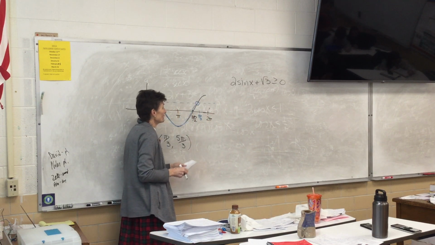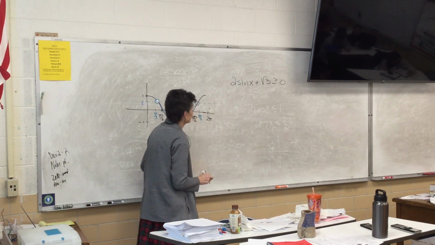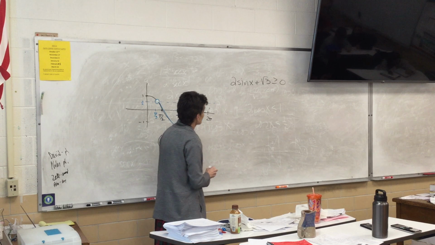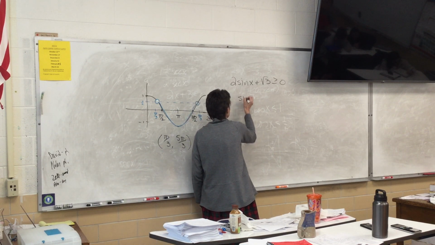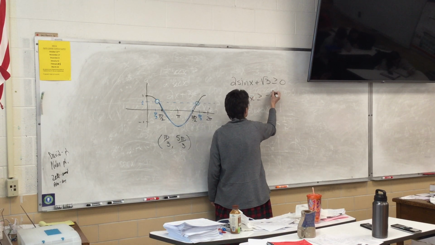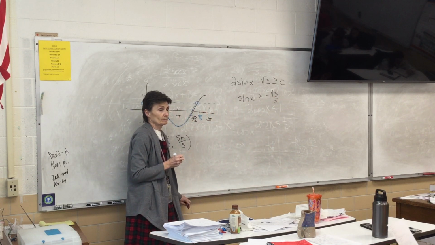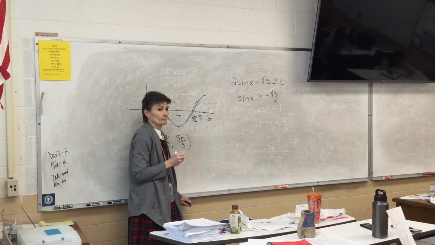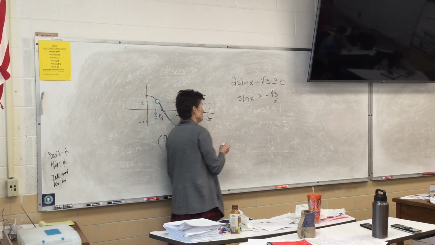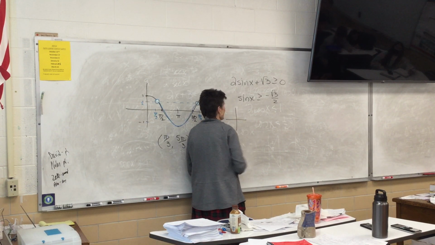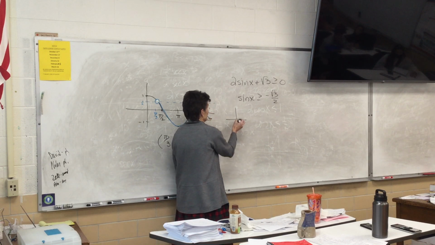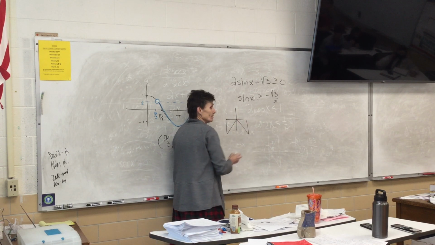Oh my gosh, I don't believe we're going to get a 60-degree angle again. That's okay. All right, let's solve it. So let's see. This says sine x is greater than or equal to negative root 3 over 2. Okay. Where is the sine negative? Here or here?